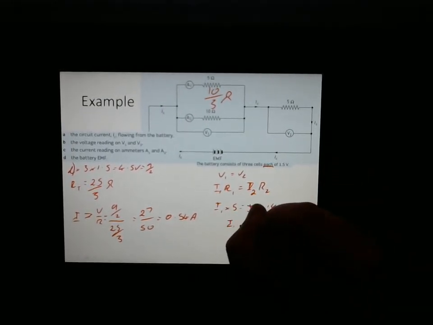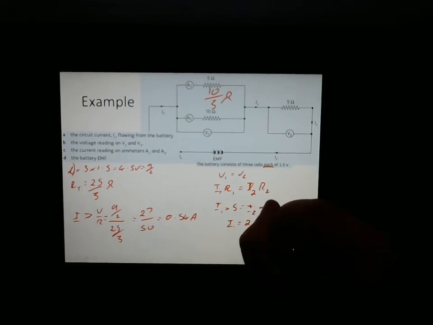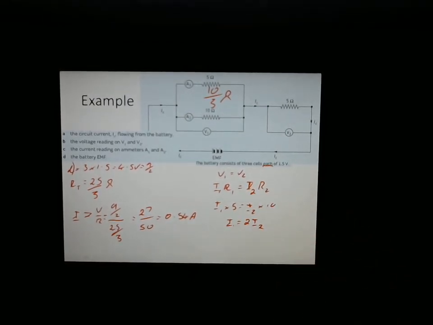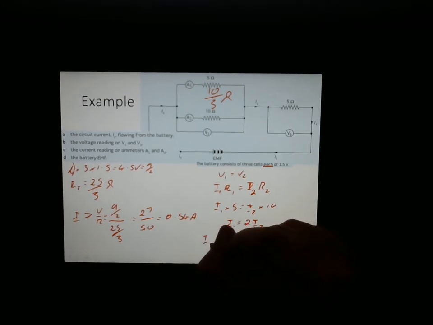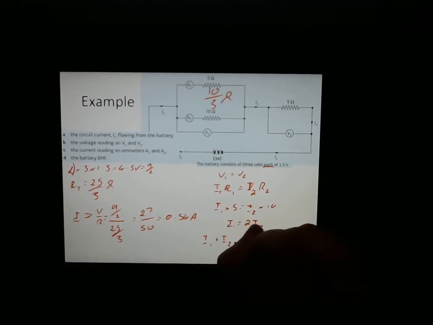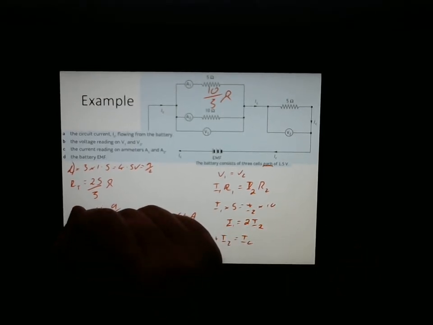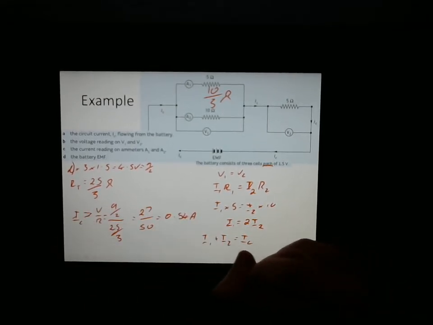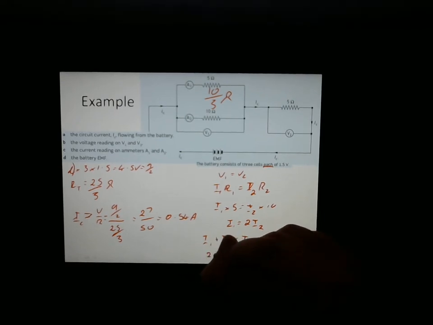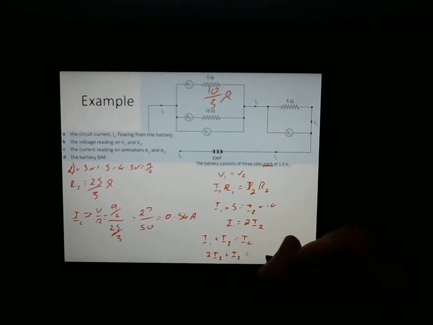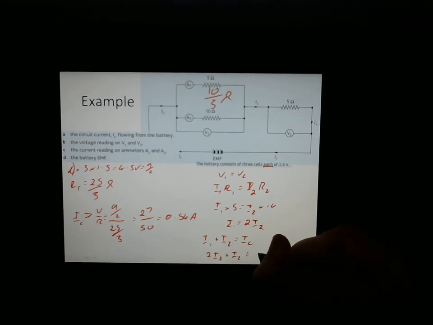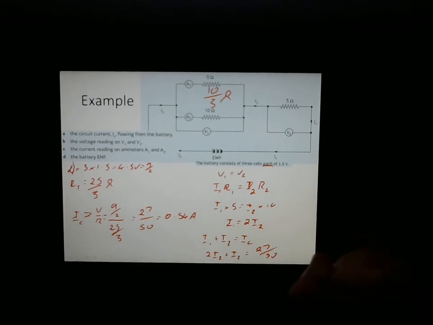So I1 equals 2 I2. And we know that I1 plus I2 equals IC, which we worked out over here. I'll put a C next to it. So 2 I2 plus I2 equals 27 over 50.